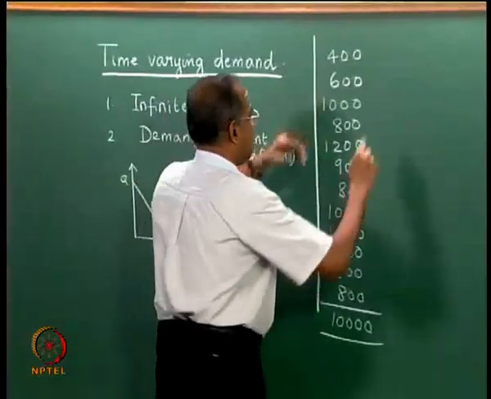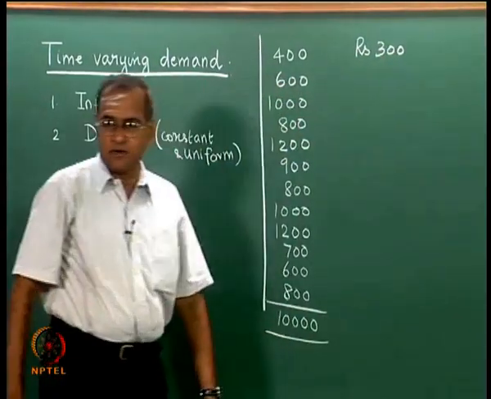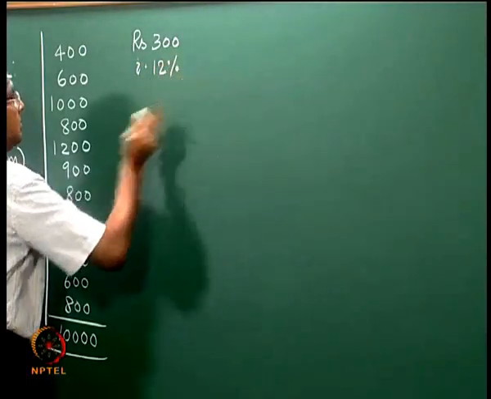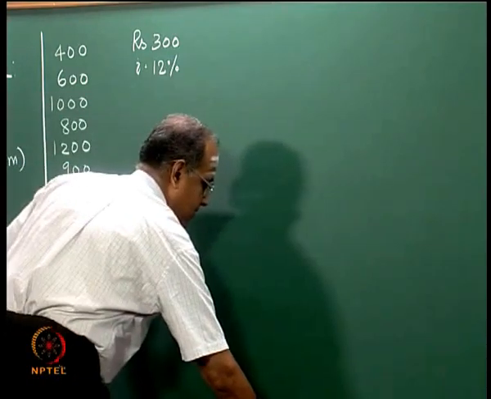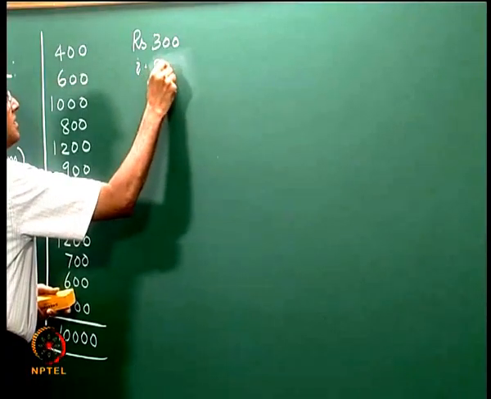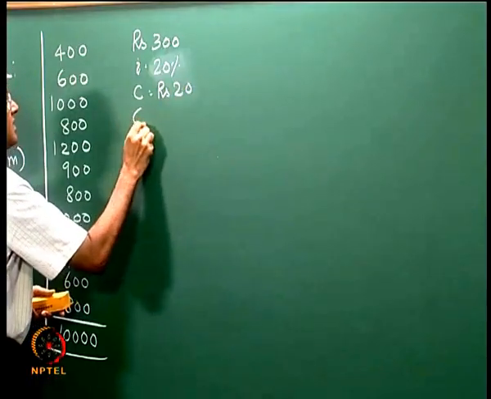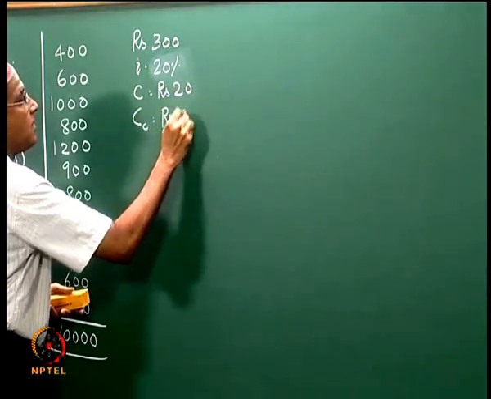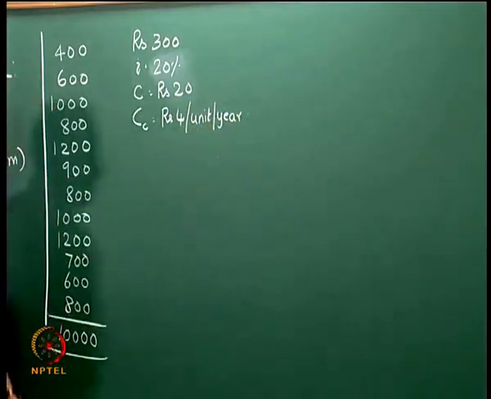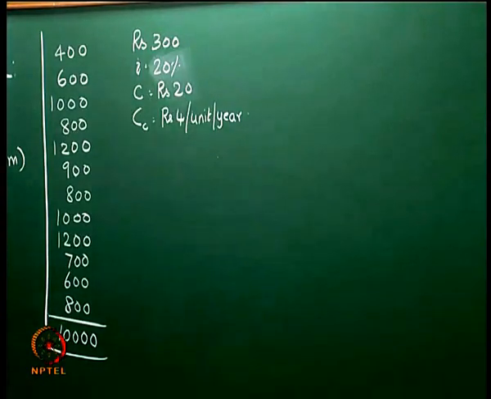So we assume here again for the sake of comparison that order cost is rupees 300 per order, inventory holding I is 20% of unit price C, which is rupees 20, so that Ch is rupees 4 per unit per year, which is the same number that we had assumed in our earlier examples and illustrations.